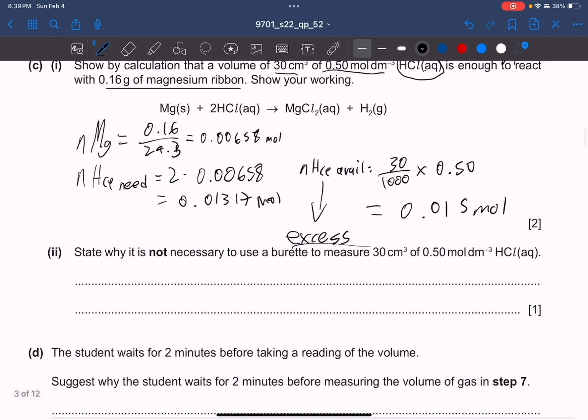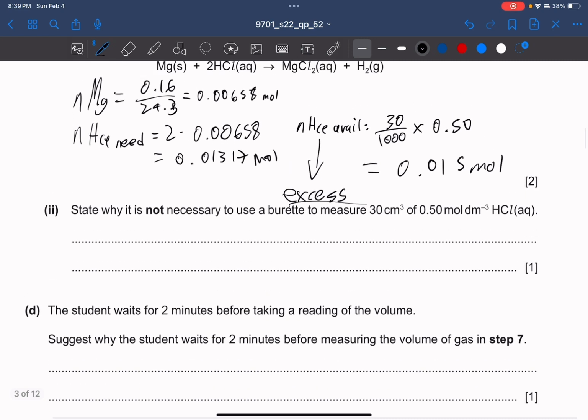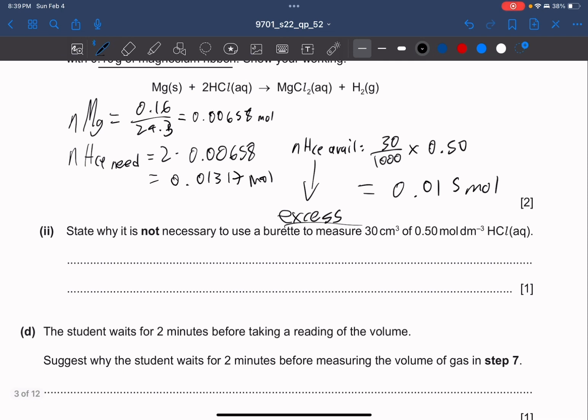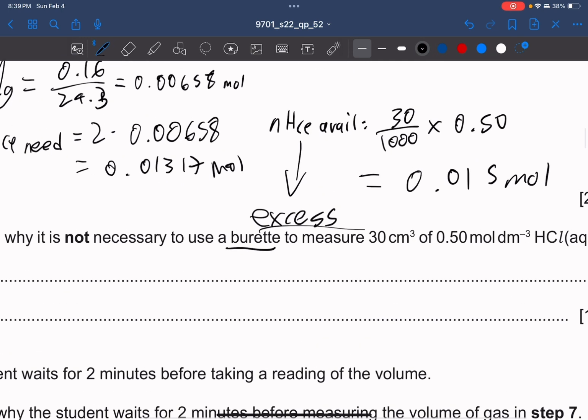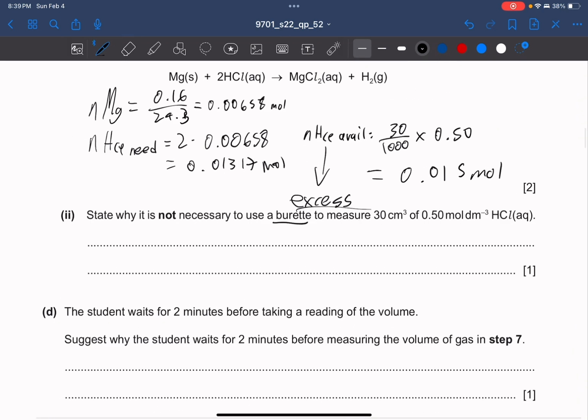Next part is: state why it is not necessary to use a burette to measure 30 cm³ of 0.50 mol dm⁻³ HCl. Basically, this question is asking why we don't have to be precise. The reason is because this acid is already in excess.